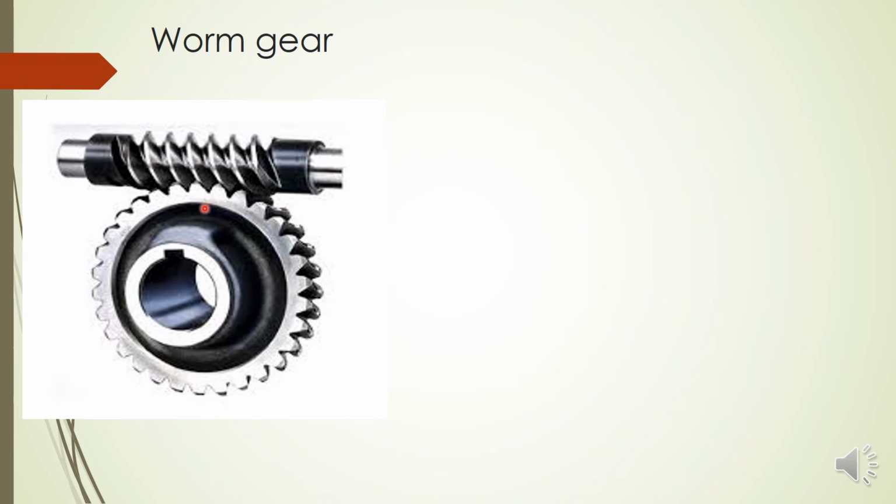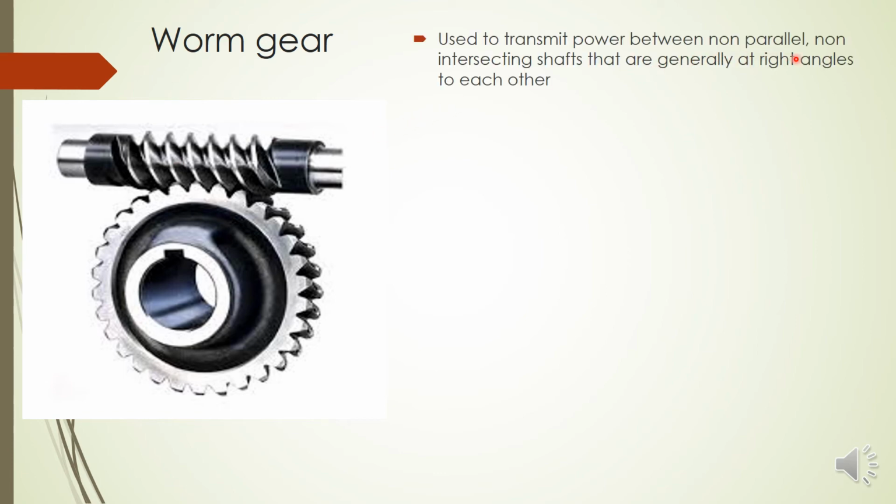So they are in different planes, so they will not intersect, and they are non-parallel also. So worm gear is used to transmit power between non-parallel, non-intersecting shafts, and they are at right angles to each other. Generally they will be at 90 degrees to each other.